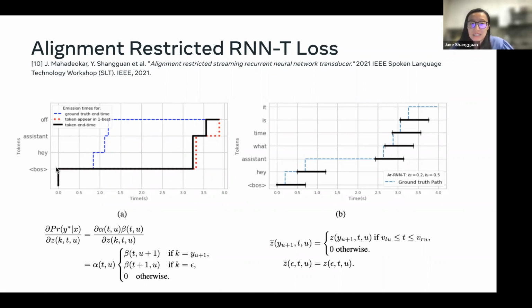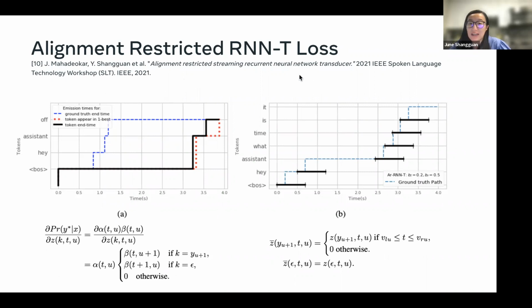But the RNNT actually ended up having a token end time of the black one, which means that the token was emitted only after this much time. This is an example of what we see every day, that the token gets emitted much later. So my coworker and I thought about it and said, we need to restrict the alignment so that we can emit the token early enough to meet our latency requirement.